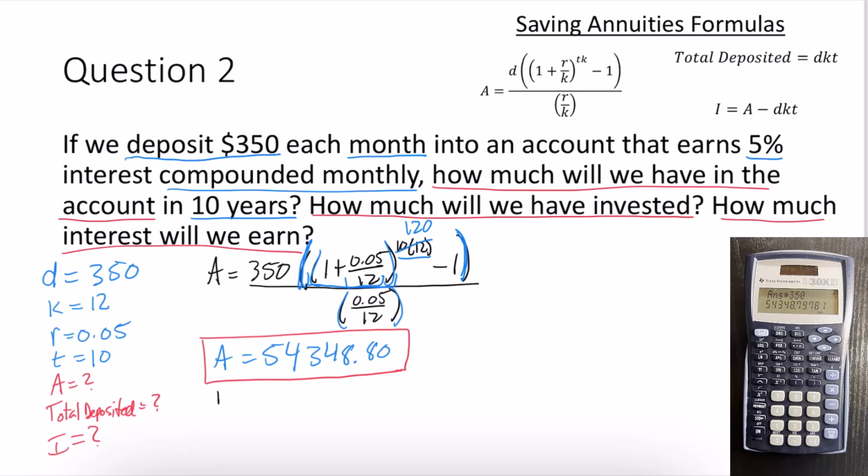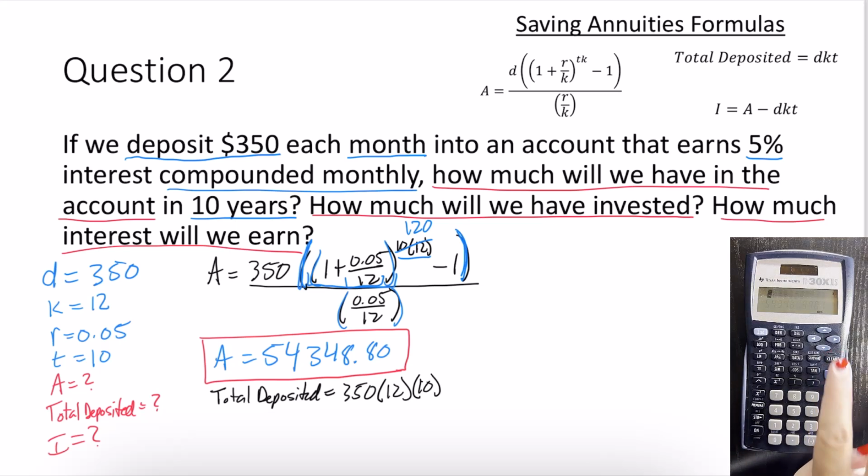So the amount that we have invested, or the total deposited, that's going to be 350 times 12, because that's K, times T, which is 10. So 350 times 12 times 10 is 42,000. So that's the total amount that I've deposited. So that would be that answer.